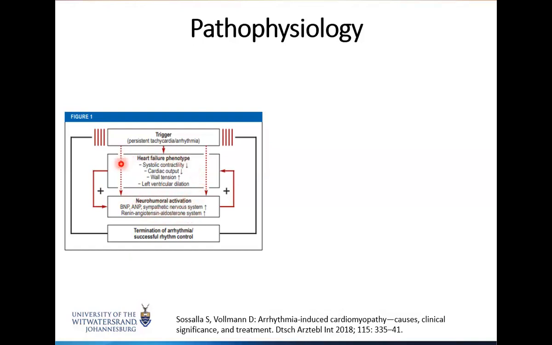What you then get is a heart failure phenotype with depressed ventricular function, reduced cardiac output, increase in wall tension, and left ventricular dilatation. We know that there is a relation because frequently when these patients get termination of the arrhythmia, they often go back to their pre-morbid state.